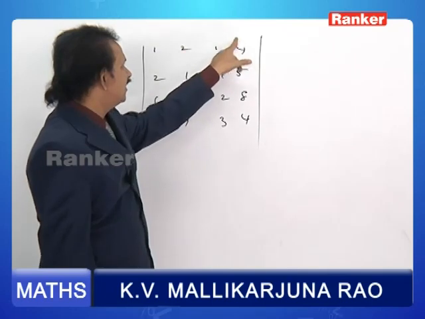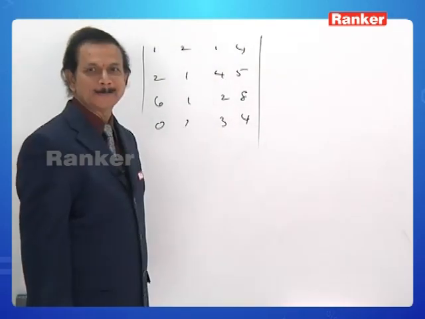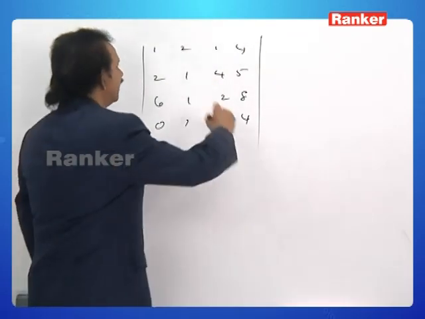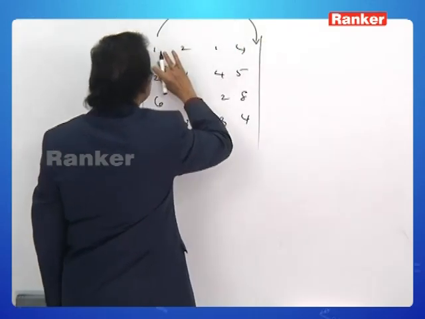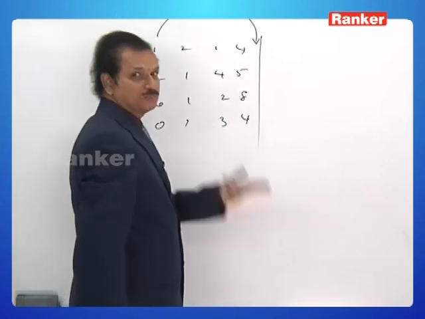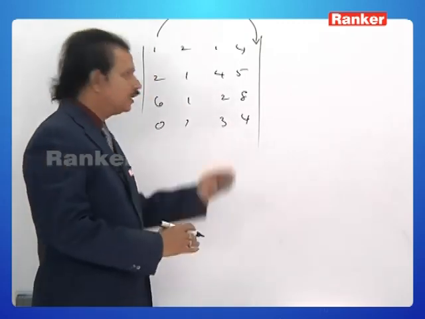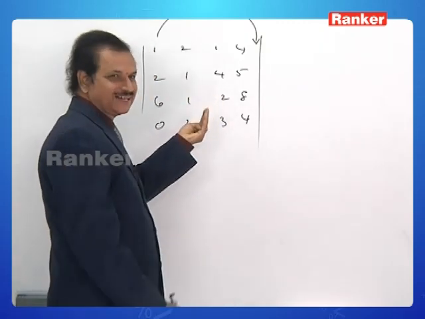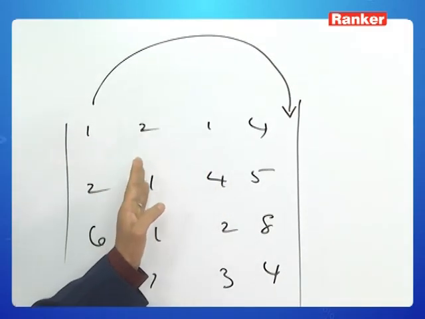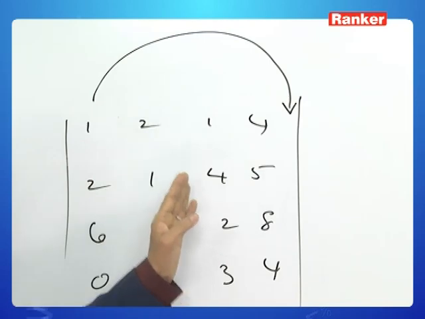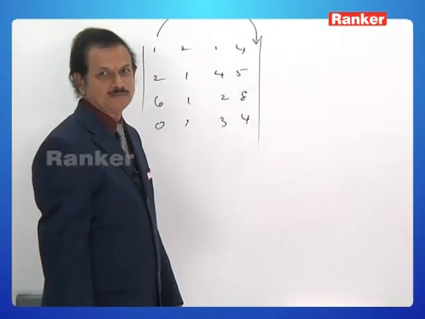First column, second column, third column, fourth column. Like that. Then what do you need if you would like to transfer this to the fourth place? All of them will be translated. Second column becomes the first column, third column becomes the second column, fourth column becomes the third column, and the first column becomes the fourth column.